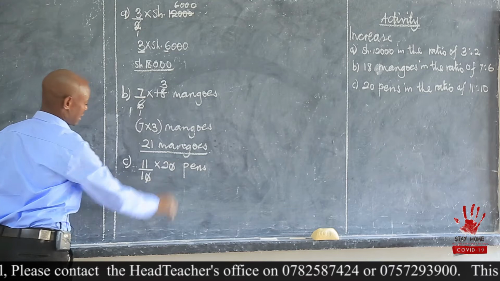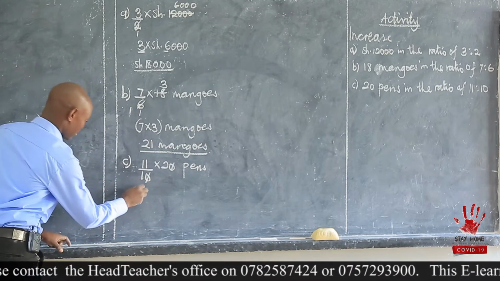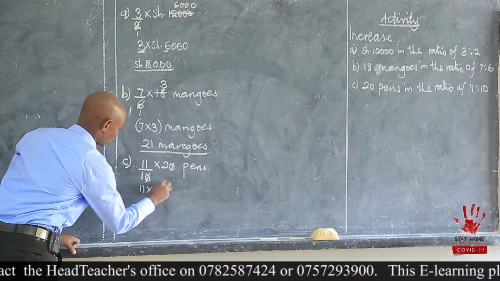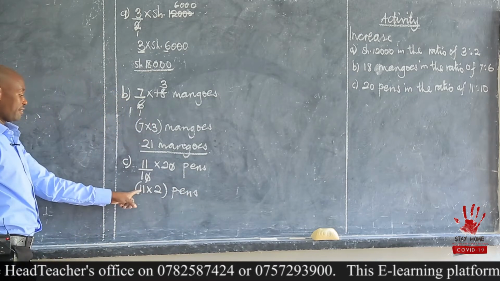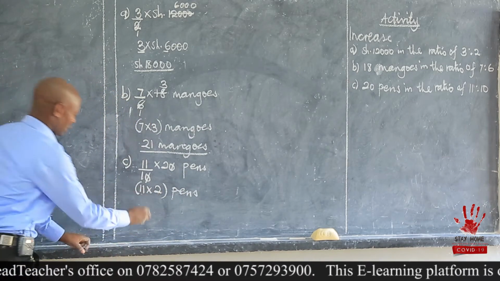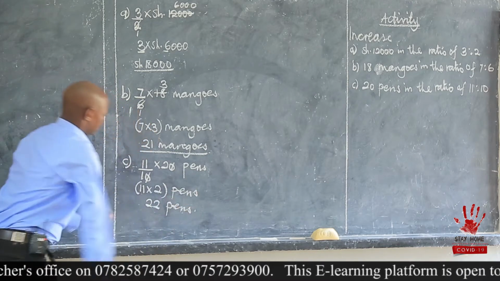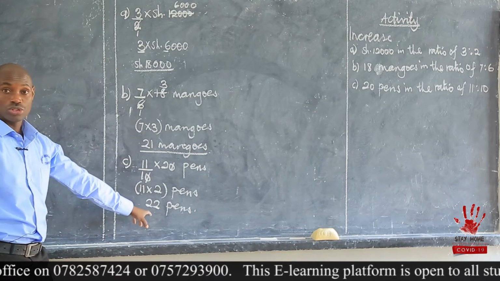This 0 will go with that. So it means I have 11 out of 1, which is the same as 11, which I'm going to multiply by 2. And these are pence. So 11 times 2, what do we get? We are getting our 22 pence. Has our number increased? Yes, from 20 to 22.